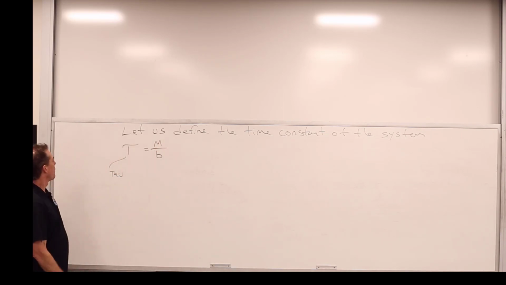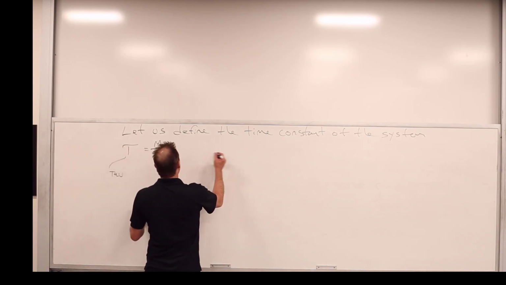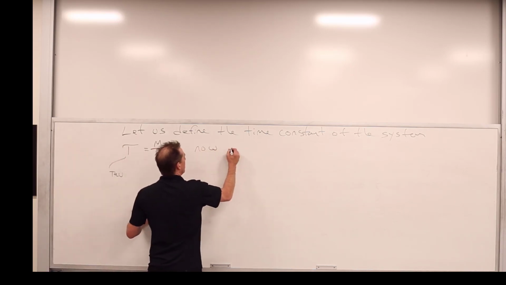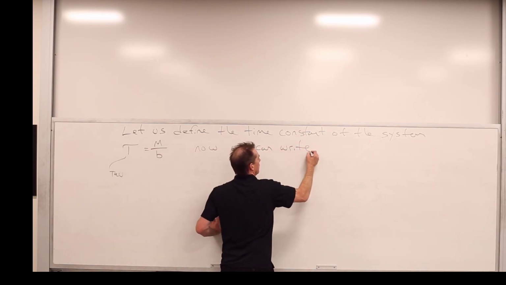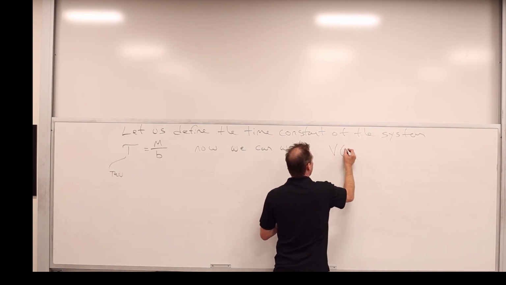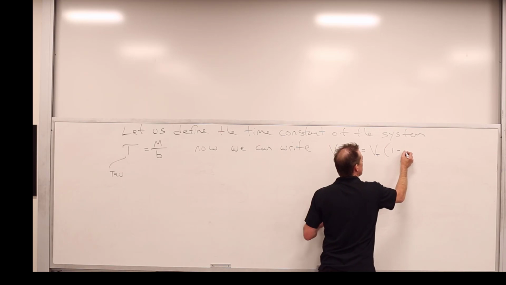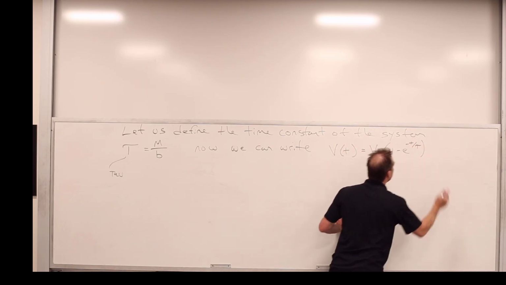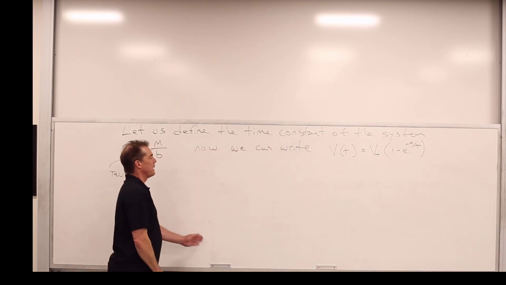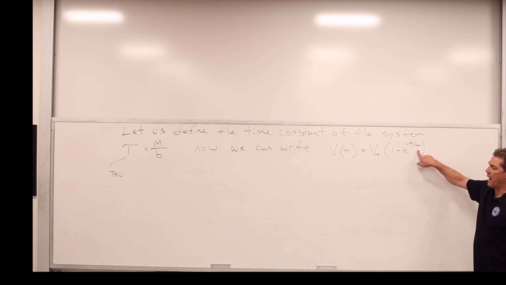So we've got ourselves tau equals m divided by b, and the reason that we go ahead and define this is now we can write that v of t is equal to v sub t times 1 minus e to the negative t over tau. So that bt over m now just becomes t over tau, with tau being equal to m divided by b.